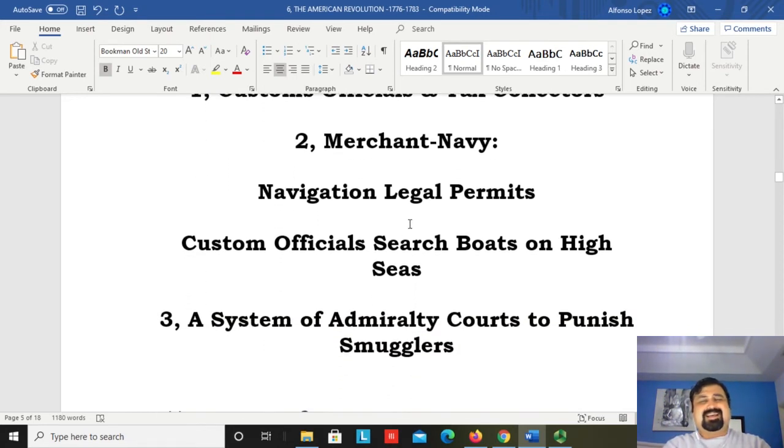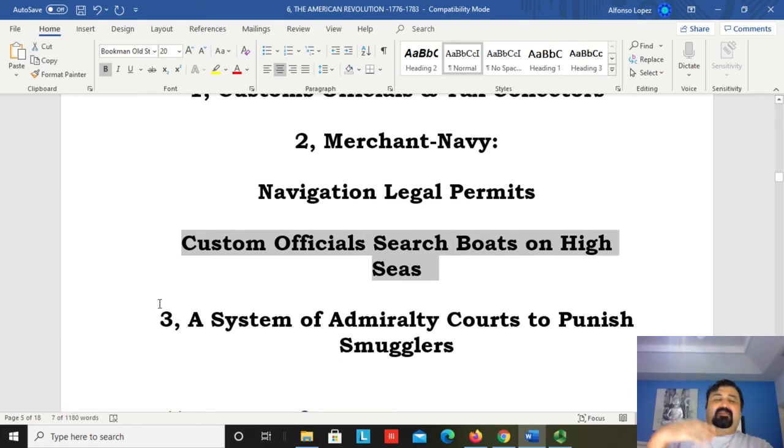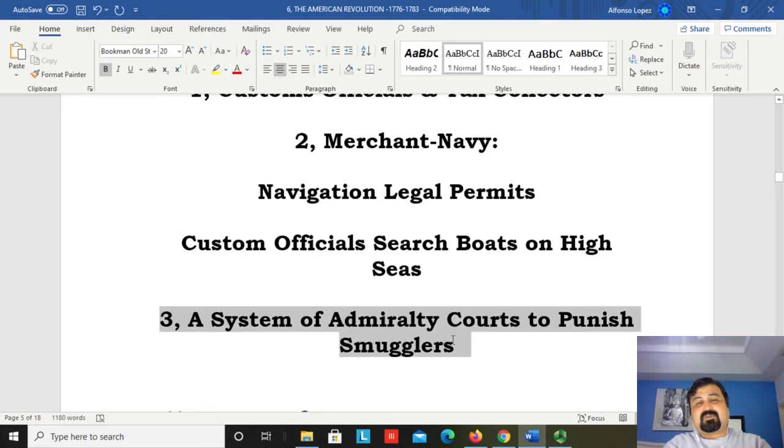And of course, those merchant navy ships are going to search the boats on the high seas, and in case they found that they carried illegal cargo, let's say spices that they obtained from India and didn't pay any export duties, they were not supposed to be carrying that cargo because they're not licensed to do that. So they're going to be tried inside of the ship. The ship itself is going to contain a system of courts, called Admiralty courts.